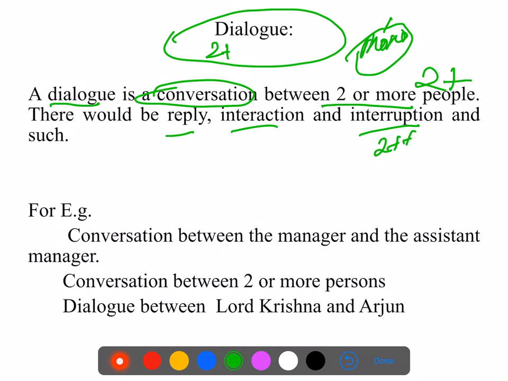Whereas in monologue there is no interaction till the end. Some well-known examples for dialogue are a conversation between a manager and an assistant manager, or a very well-known example, the dialogue between Lord Krishna and Arjun at the time of Kurukshetra in Mahabharata.